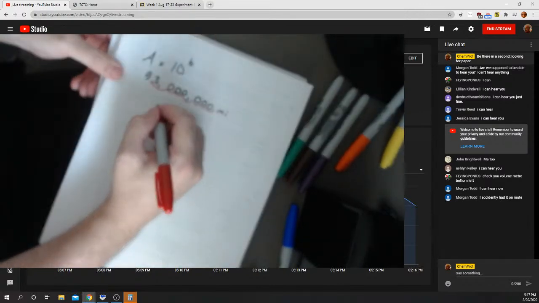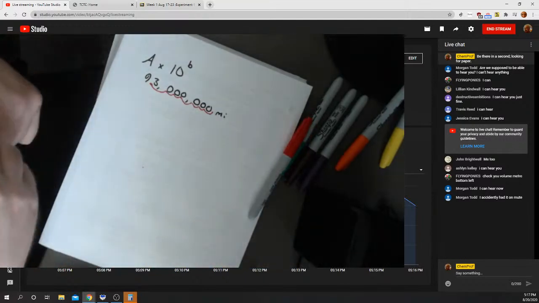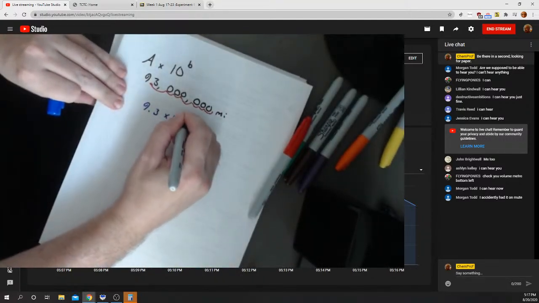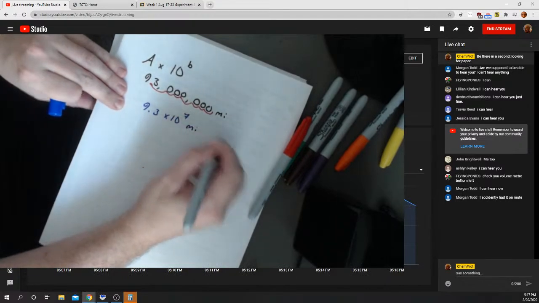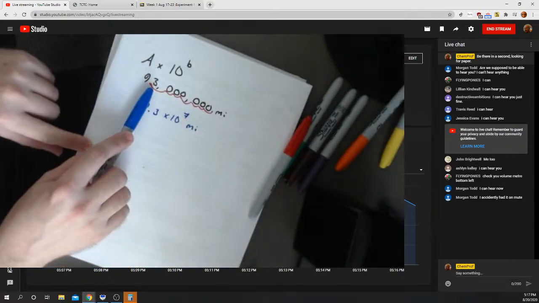Our new number is now 9.3 times 10 to the 7th miles. That is the exponential notation or scientific notation of that number. We moved the decimal place 7 to the left.